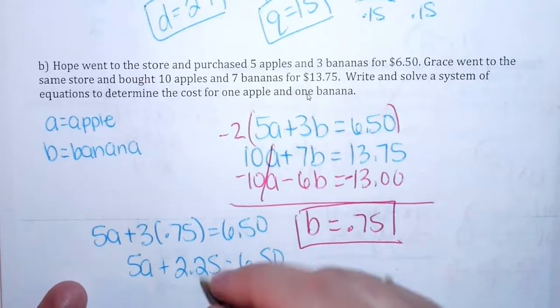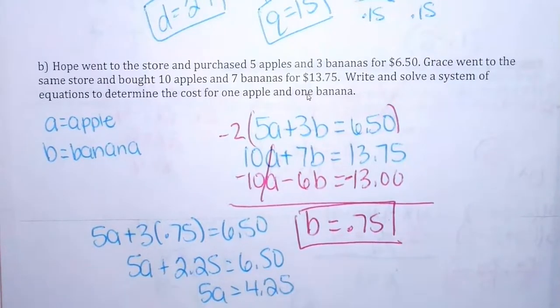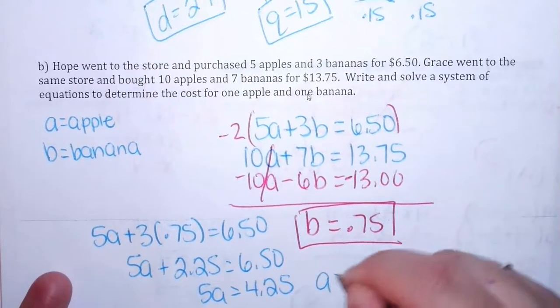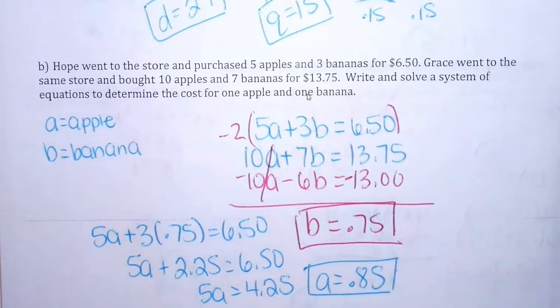Anyway, so I get 5A equals 4.25, and I'm just going to divide both sides by 5 there real quick. And so each apple is then 85 cents. All right, and that's all for the elimination.